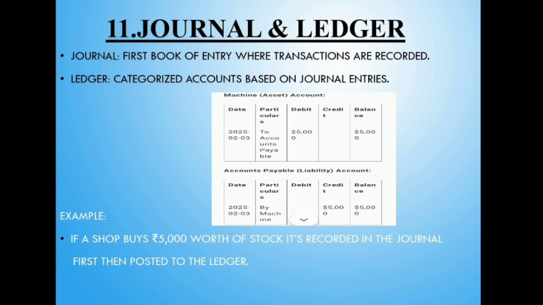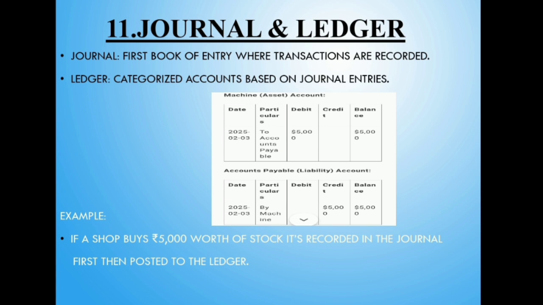The next one is journal and ledger. The journal is the first book of entry where transactions are recorded. In accounting, the journal is the first place where transactions are recorded. It is known as the book of original entry.